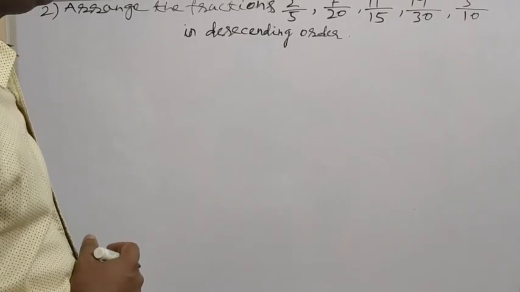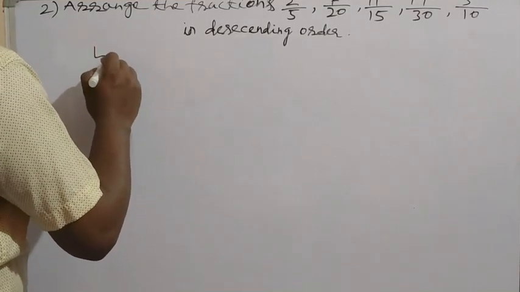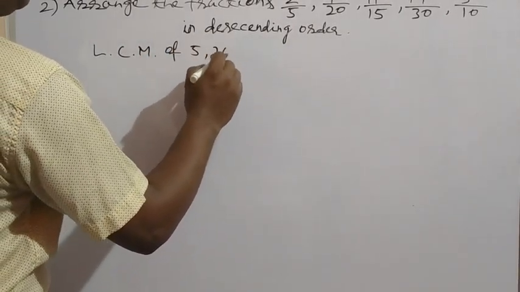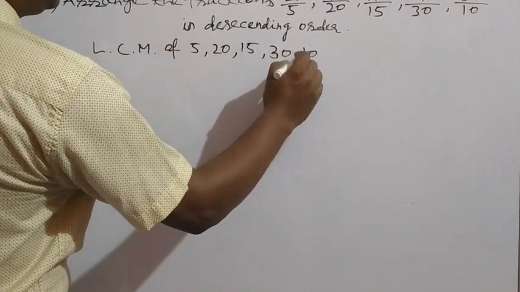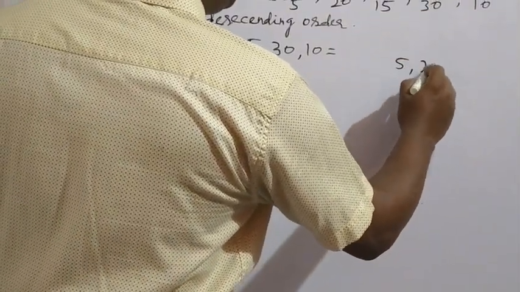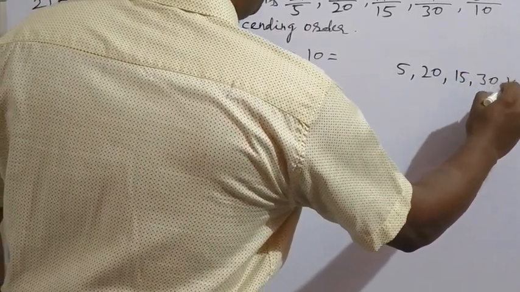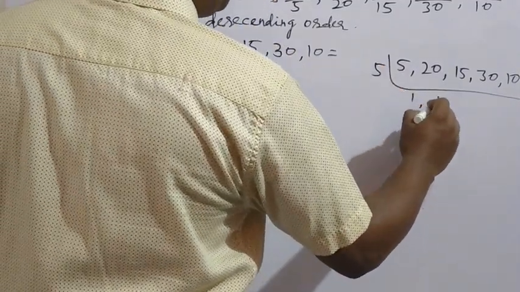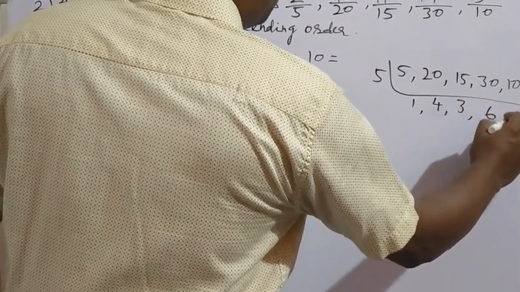So to make like fractions, we have to find the LCM. First you find the LCM of 5, 20, 15, 30, 10. You divide by 5: 1, 4, 3, 6, 2.